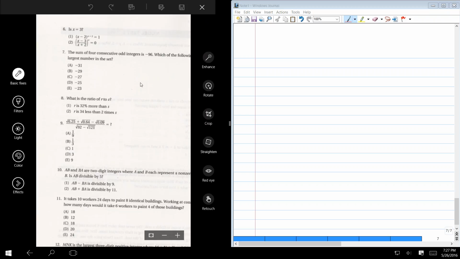Alright, is x equal to 3? Number 1 says that (x minus 2) to the (x plus 2) is equal to 1. So this is going to be an exponents problem.